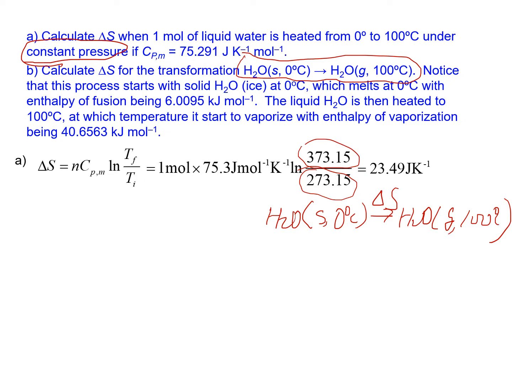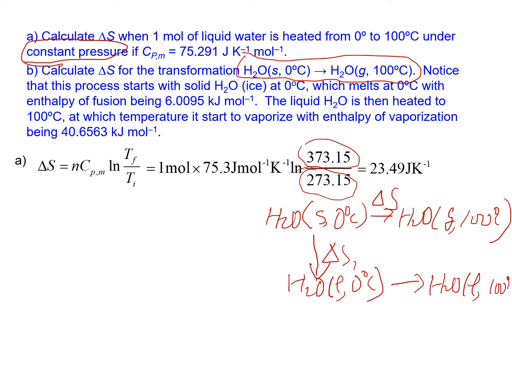So let's assume the solid water undergoes a phase transition into liquid water at 0 degrees. So it's a constant temperature, constant pressure phase transition. That's delta S1. Alright. And then the liquid water is heated to 100 degree and remains as a liquid.